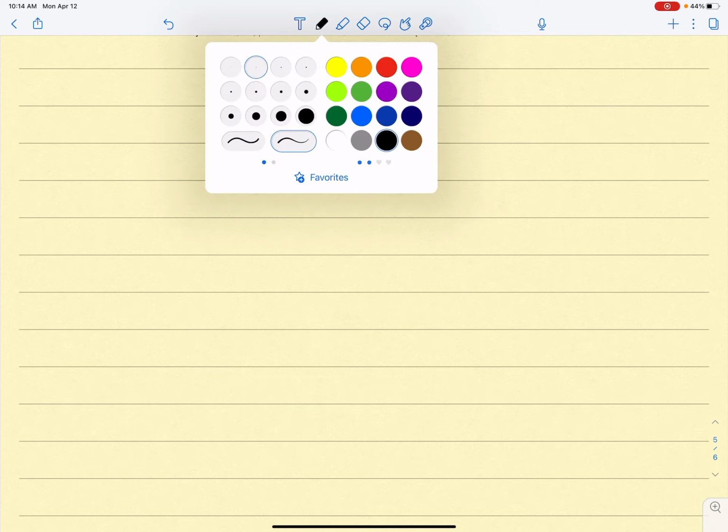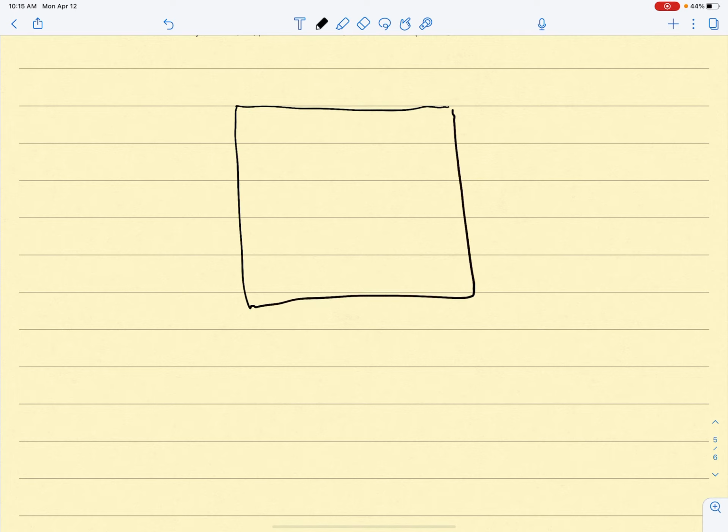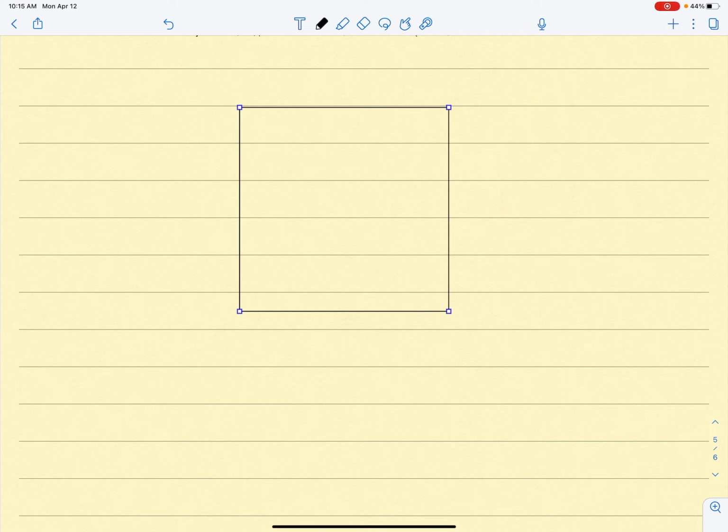So if we get a topological space, this square is going to represent our topological space. And we have a point x naught. I'm going to draw a point.